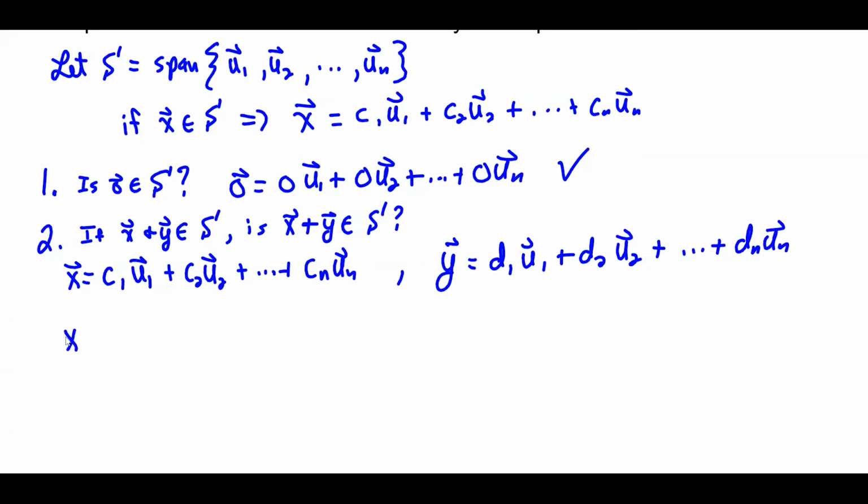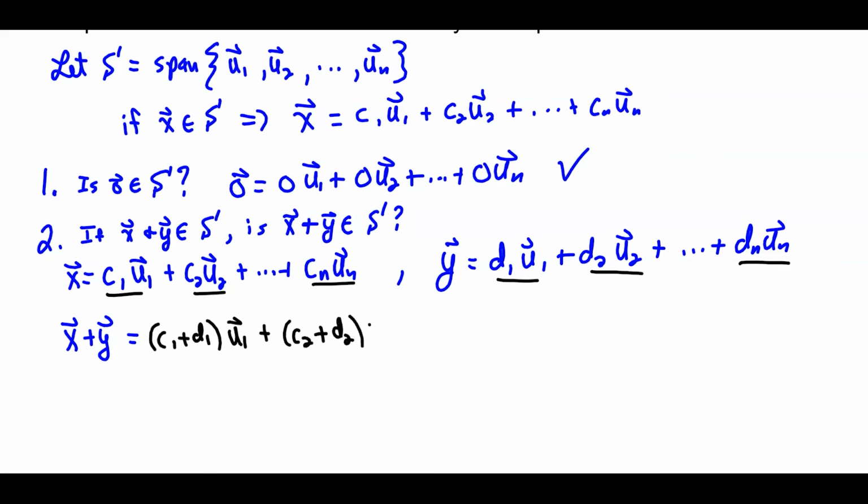So if I take x plus y and I add these together, I can add up these as I go and combine them. So I get C1 plus D1 times U1 and C2 plus D2 times U2 and so forth till I get to the end, Cn plus D sub n times U sub n.